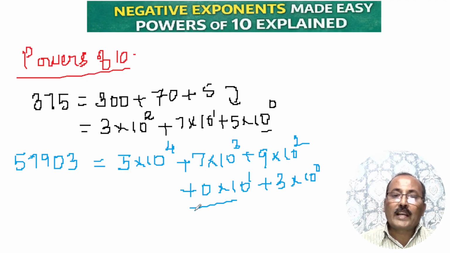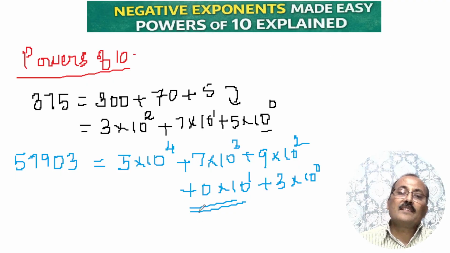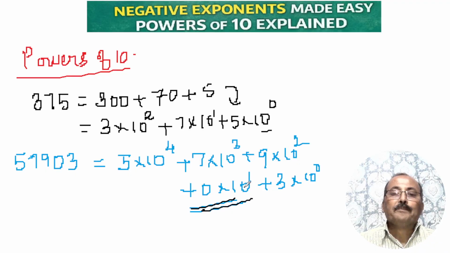This last term you can omit or you can write it. In future it is not necessary because the value is not there, so we can omit it. But for teaching purposes, I wrote it here. So 57903.